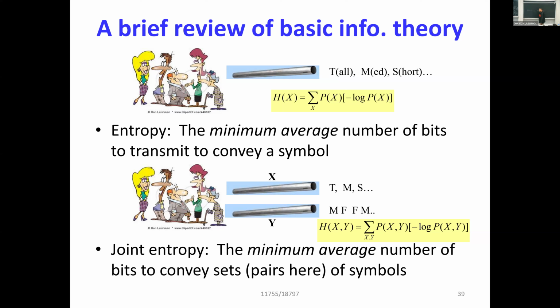But now suppose, so this is what you get if I have one pipe for height, another pipe for gender. And here, if I'm just sending height, I'm bundling height and gender together and sending it through a fat pipe. Okay. But now suppose, just suppose that I have this gender pipe and it's free. So think of transmitting bits.